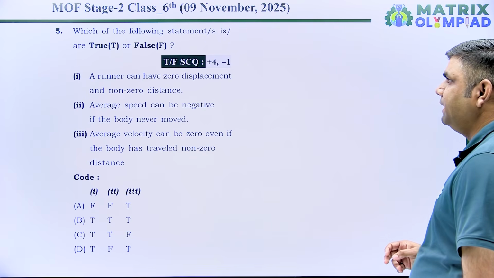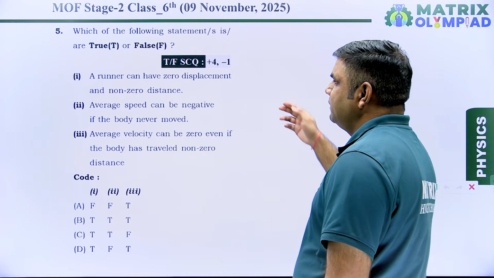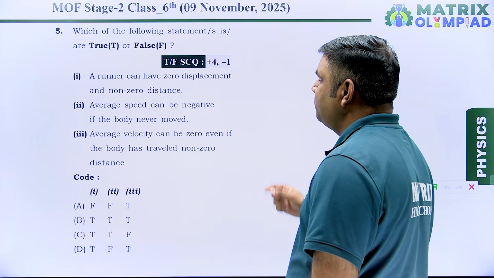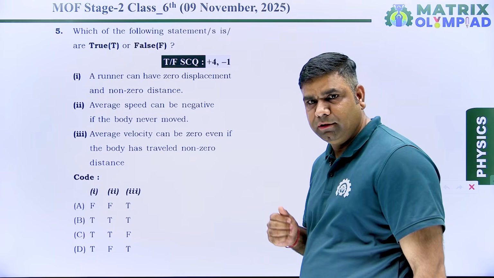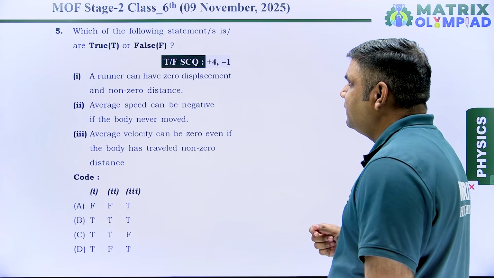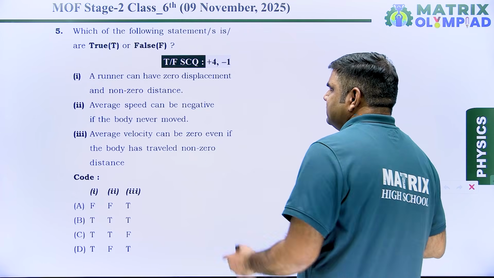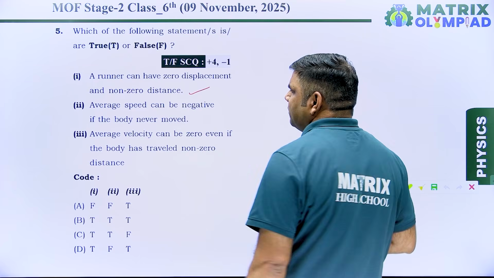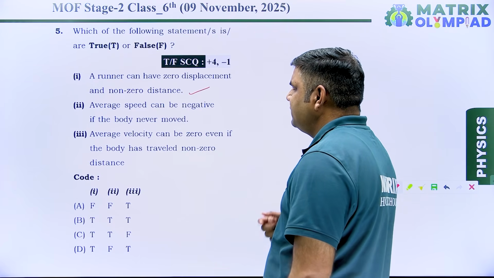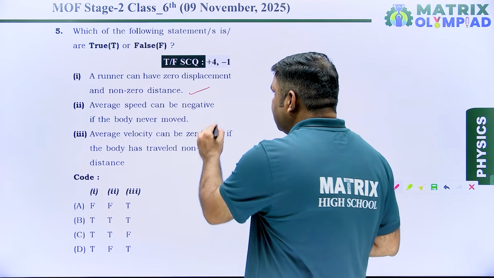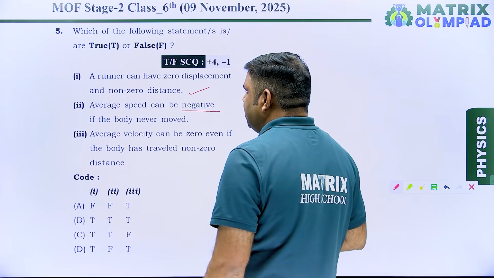In question number 5, we have three statements. We have to find which one is true and which one is false. Statement first, a runner can have 0 displacement and non-zero distance. Yes, it can be possible. Average speed can be negative if the body never moved.